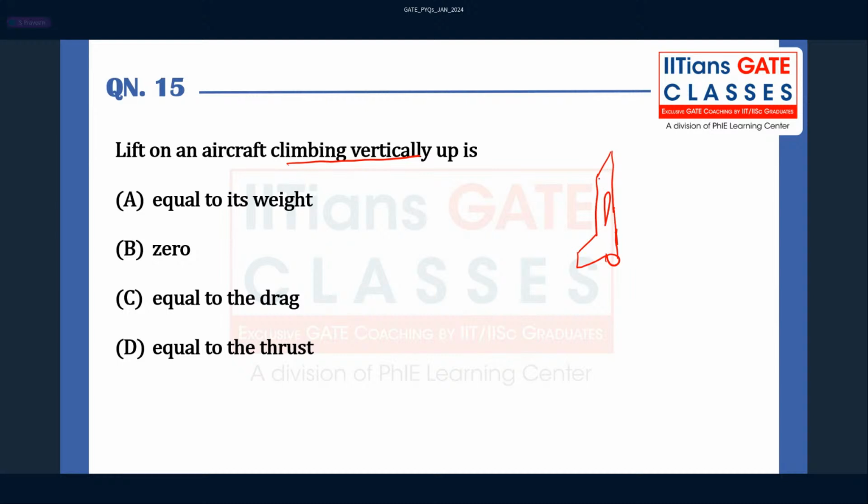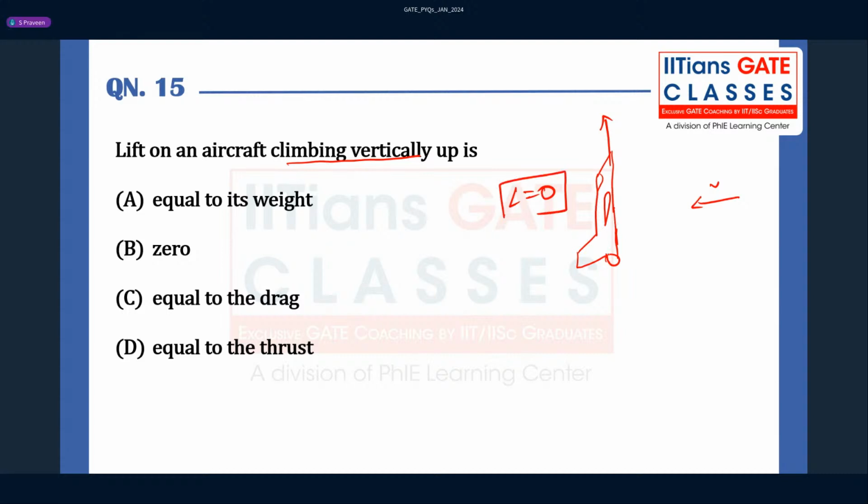This is the cockpit, something like that. The aircraft is going in this way. There is no lift produced because your wind is coming in this way, so lift is zero in this case.